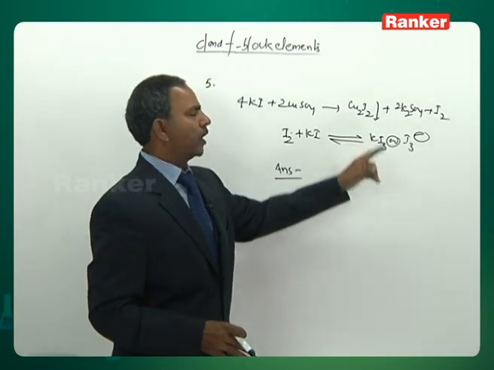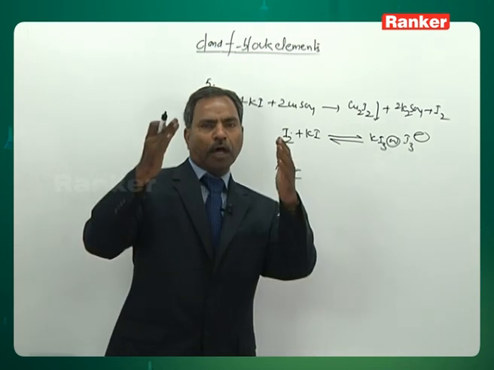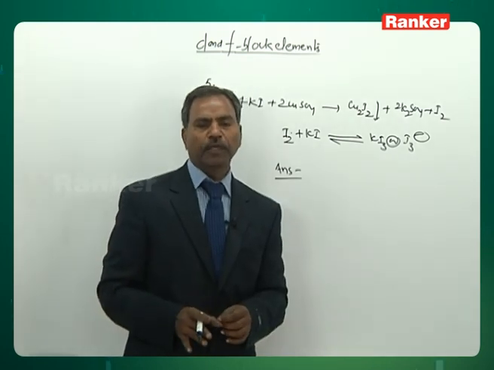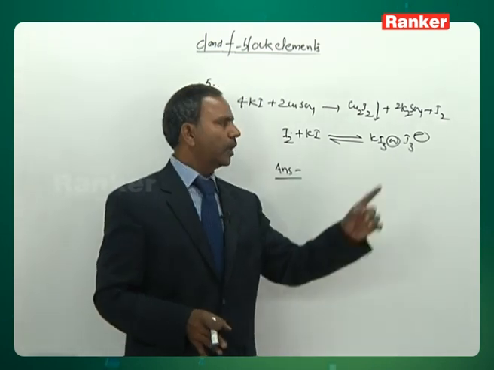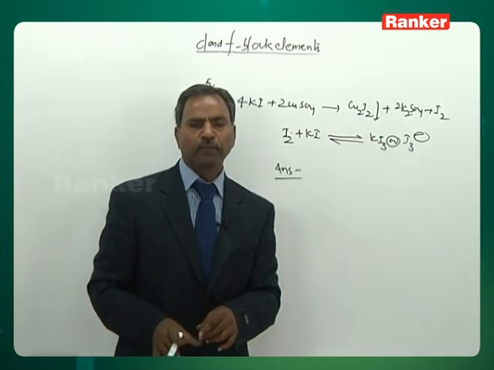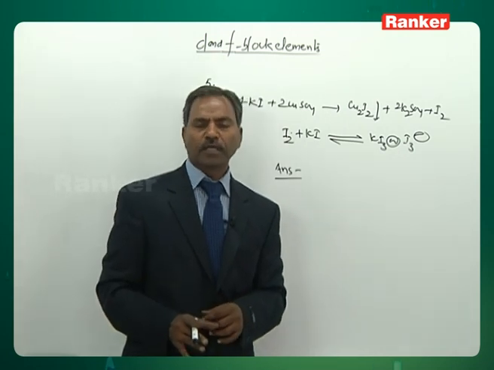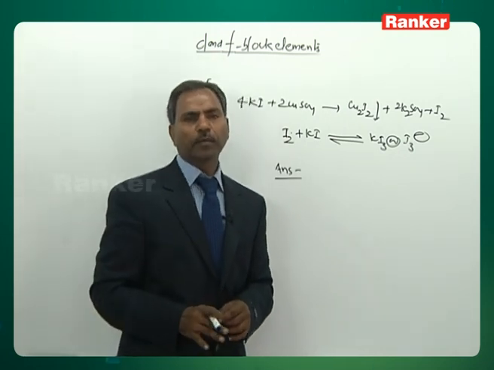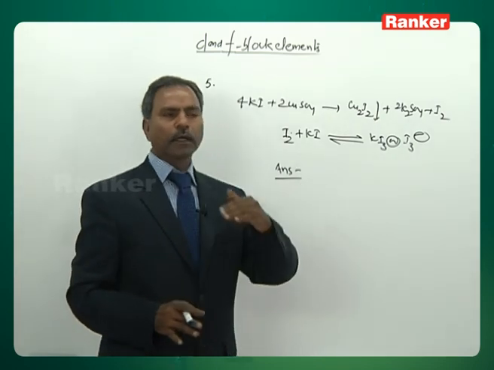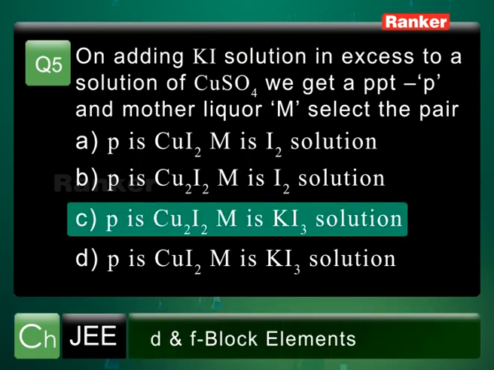But Cu2I2 is a precipitate. Therefore, in option C, P is the Cu2I2 precipitate and KI3 is soluble in water. So for this question, option C is the answer. It is very important to remember this question, as it appears in different exams. Answer C is the correct answer here.